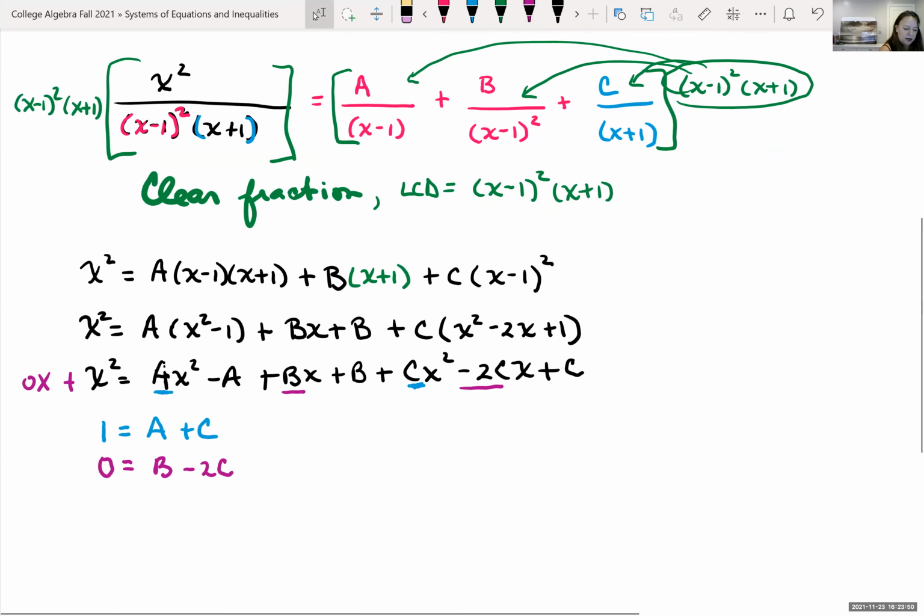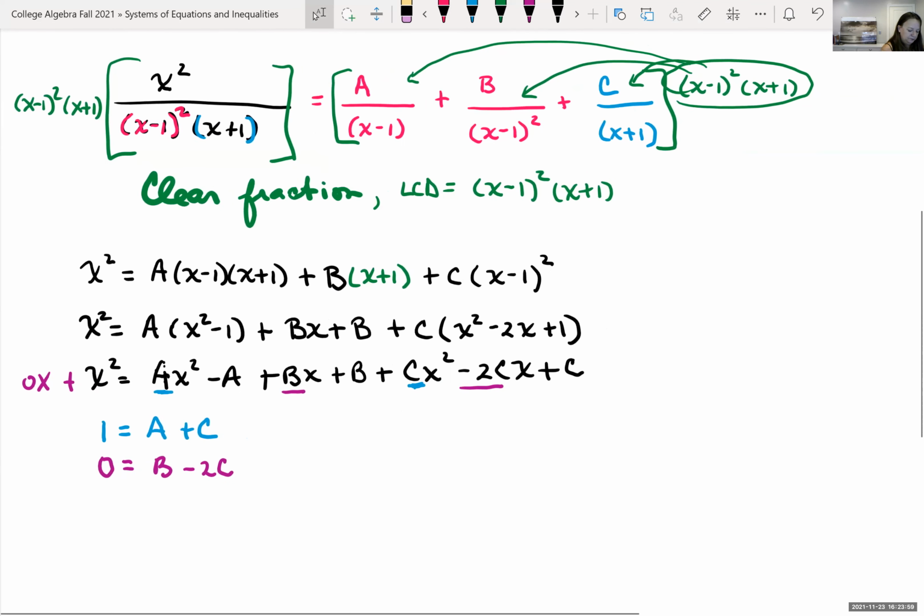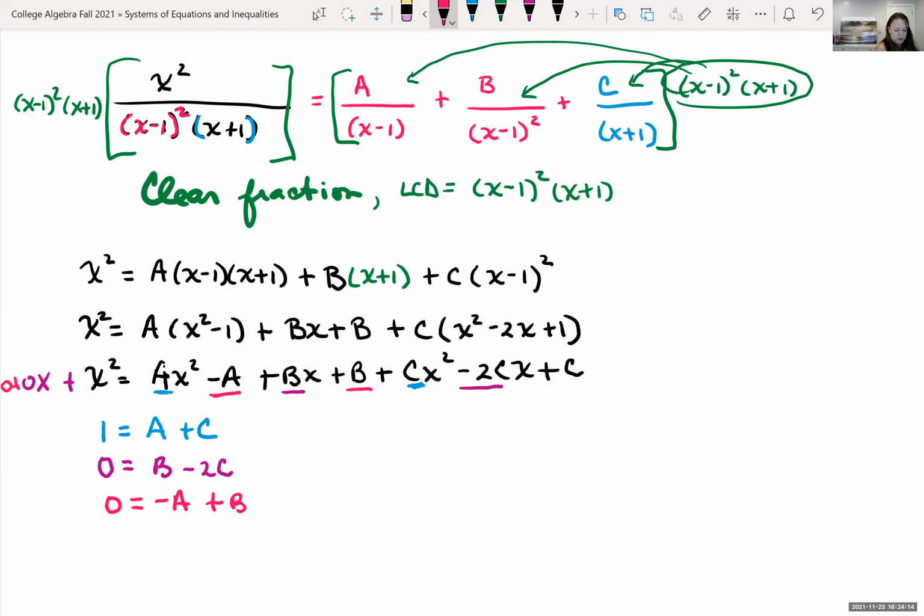Our constant on the left-hand side is 0. So we can think of that as 0 plus if you wanted. So on the right-hand side, we have negative a plus b plus c.